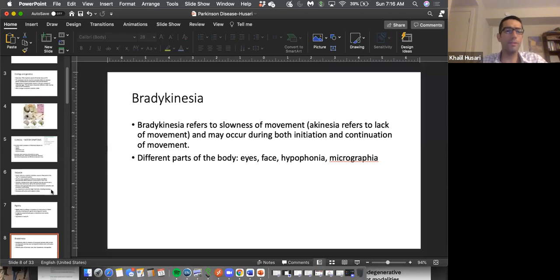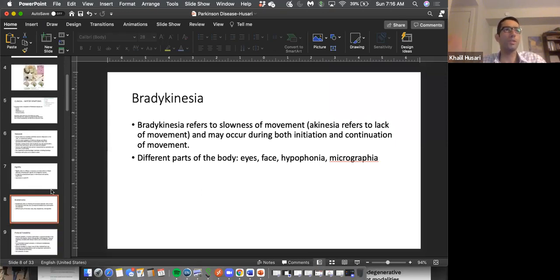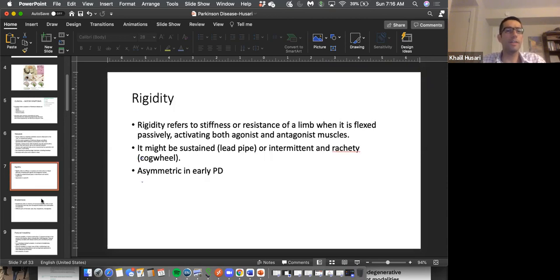And the patients do describe it, like I'm just slower in movement, slower in doing things, and so on. And with the rigidity, usually the patients will complain of maybe pain, maybe stiffness, they won't feel as flexible as they used to be.